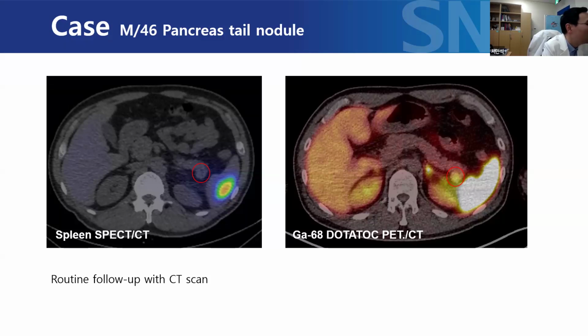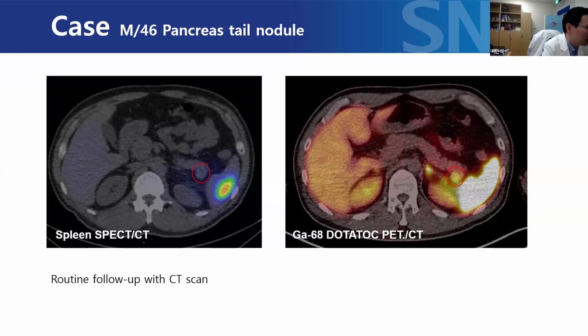To avoid this kind of misdiagnosis, an RBC spleen scan can be done first. If there is no uptake, we can exclude an accessory spleen, and if there is uptake, we can diagnose an accessory spleen.